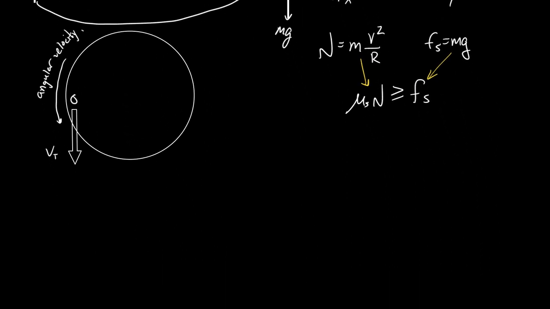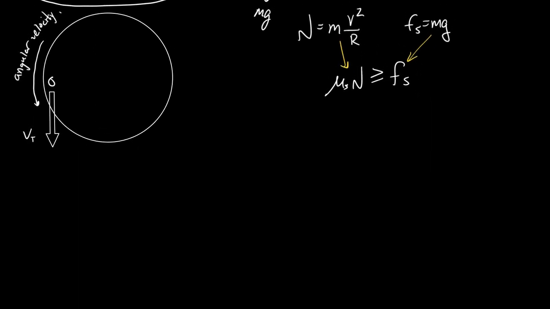So now all we have is some algebra to work on. Looks like I have mu s times mv squared over r must be greater than or equal to mg. Well, the m's cancel out. That's good. Anybody can write it. All right, isn't that what that means?